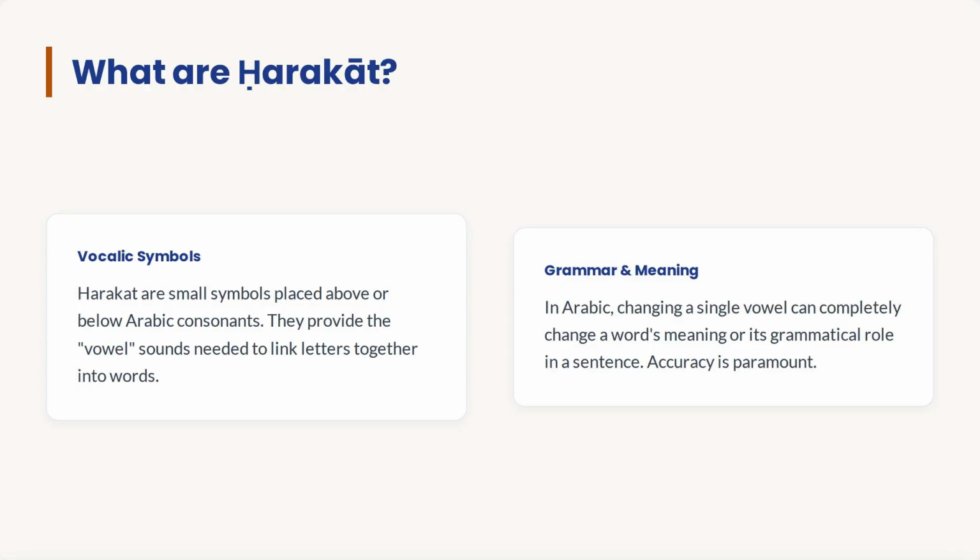To produce vowel sounds, we use small symbols written above or below the letters called harakat. Harakat literally means movements, okay? These are essential for correct pronunciation and meanings. So we use them to distinguish the right pronunciation of a word and for a sentence.